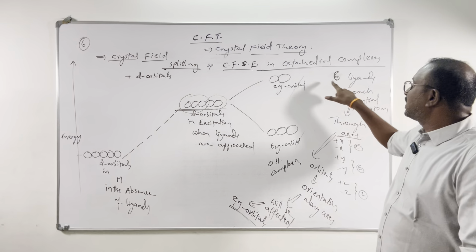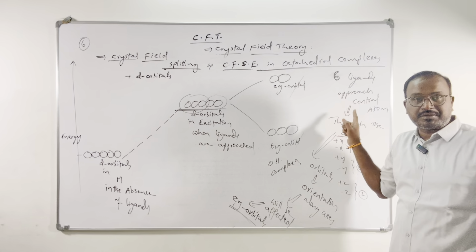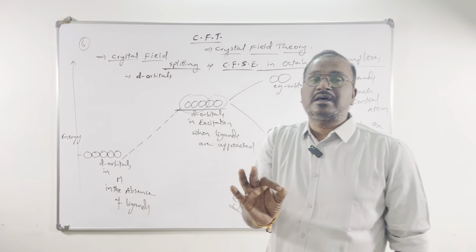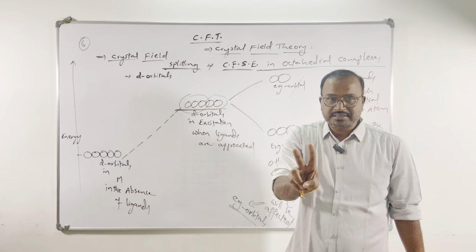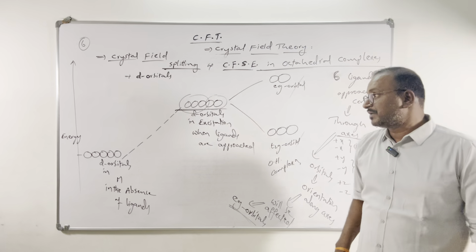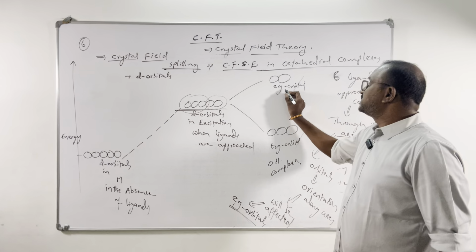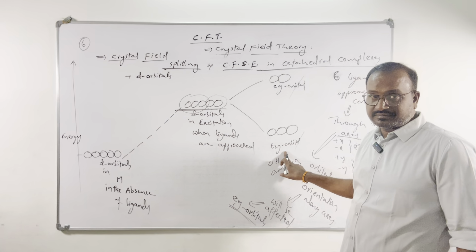So in octahedral complexes, six ligands approach the central atom along the axis. The Eg orbitals, that is the two d orbitals dx square minus y square and dz square, will be affected more than the T2g orbitals. Therefore, Eg orbitals will gain more energy than T2g orbitals.